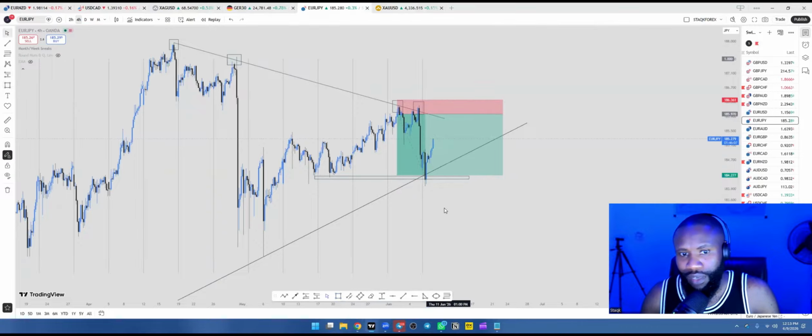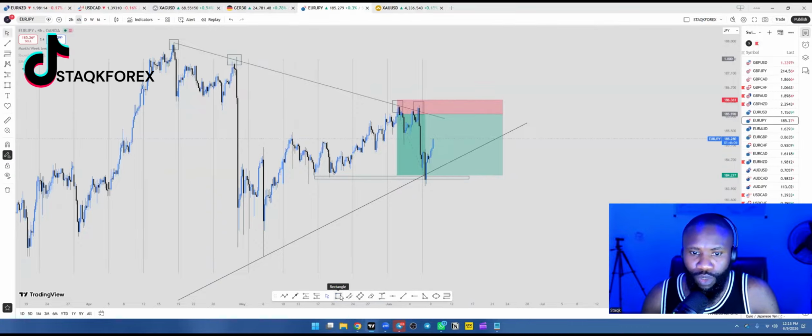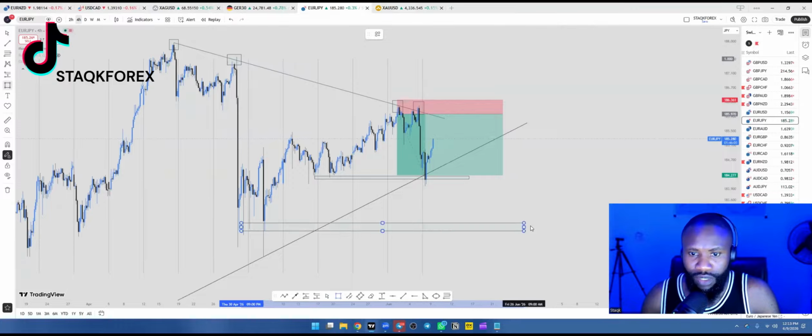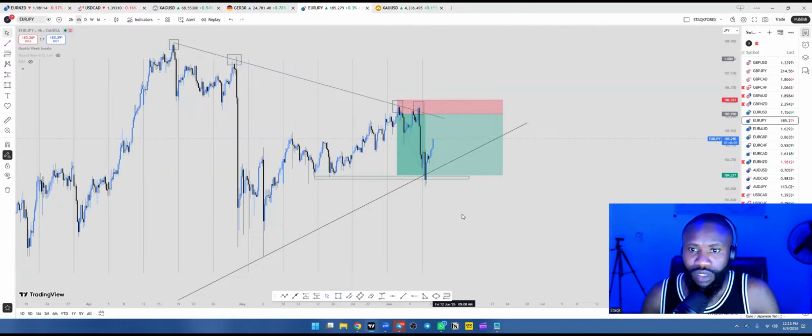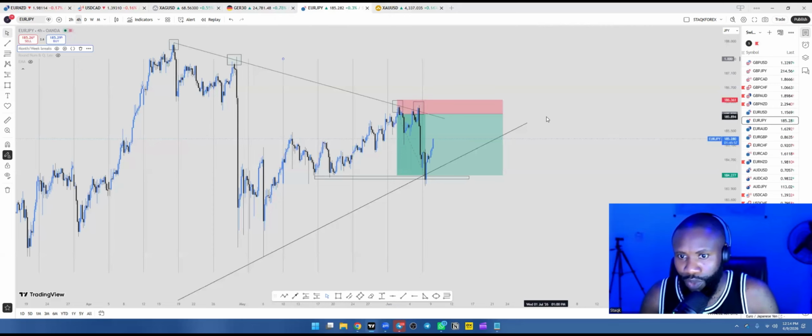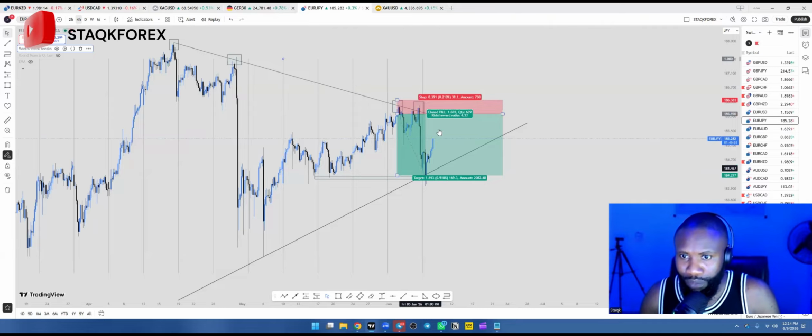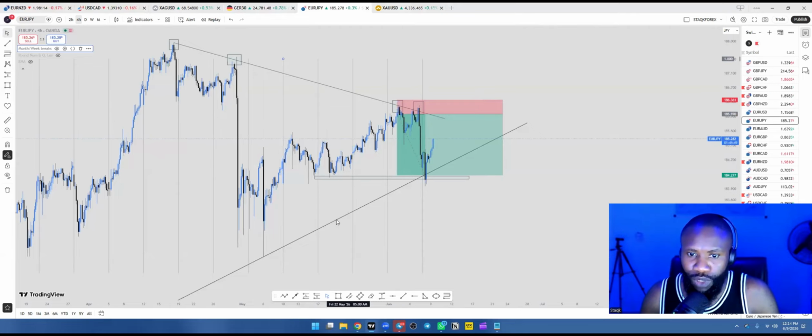The reason why I am taking profit on this level, supposed to be here, is because we have the bullish trend line that is going up. This particular pullback that is now buying is the third touch of this bullish trend.